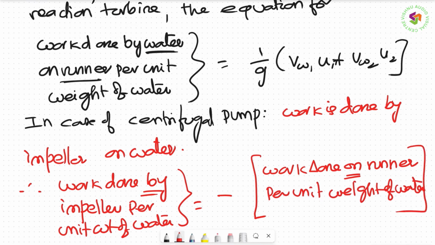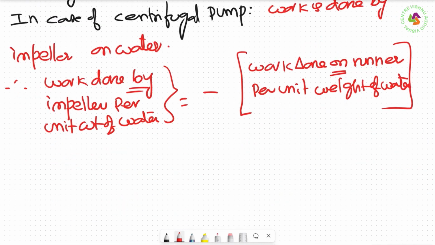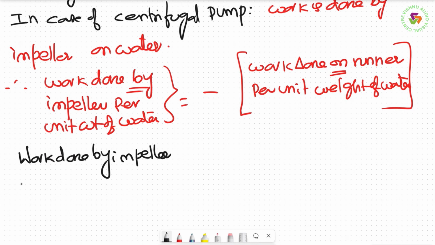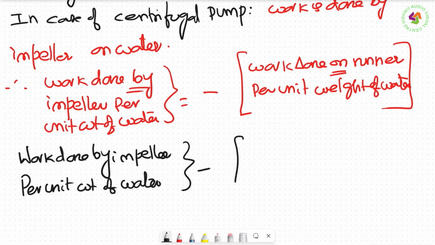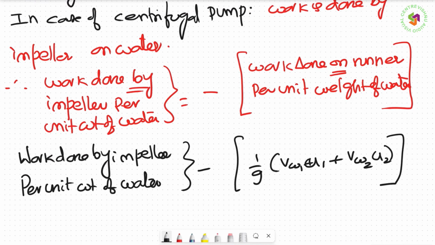Just reverse. So therefore, work done by impeller per unit weight of water is equal to minus of 1 by G into (VW1 U1 plus VW2 U2). This is what we get.